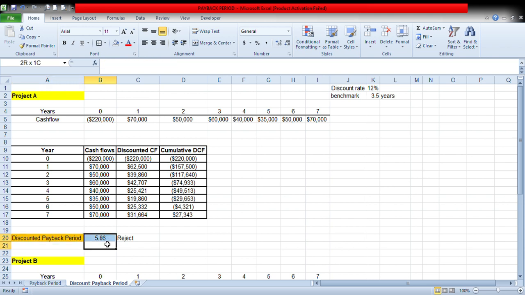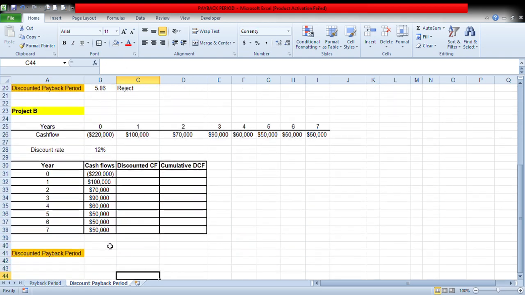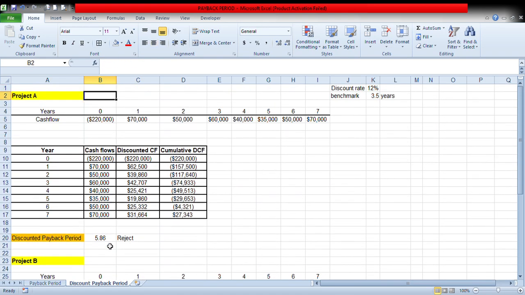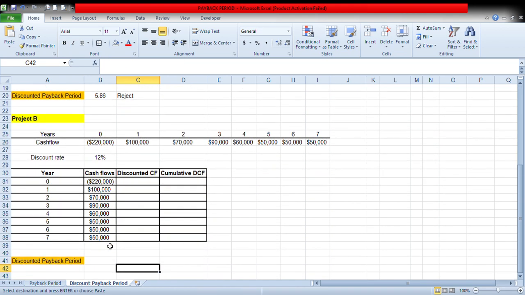Okay, we need to do the same thing, ladies and gentlemen. In order to calculate project B, we just copy the formula and paste it, then drag it.